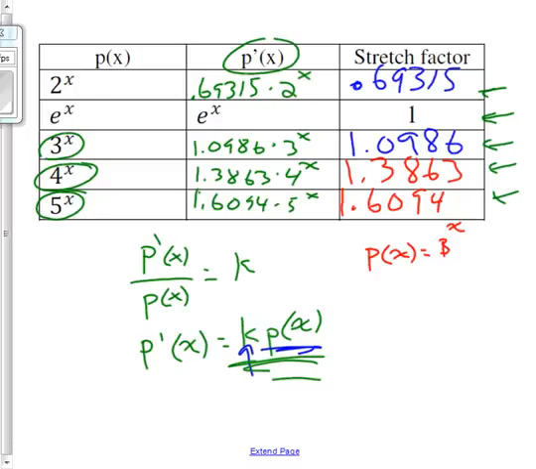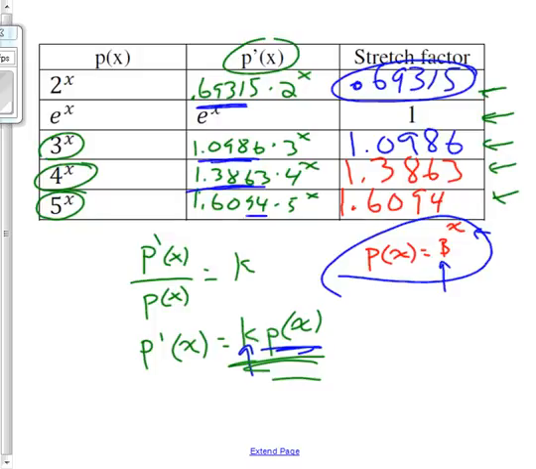So then the kicker is, if I have some function p of x equals d raised to the x power, how can I quickly find this stretch factor? How do I find out what these values are? And here's my hint to you. I'm not going to tell you the answer right now.